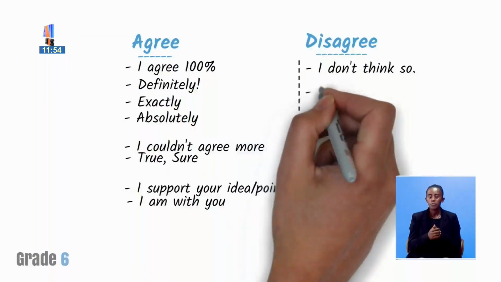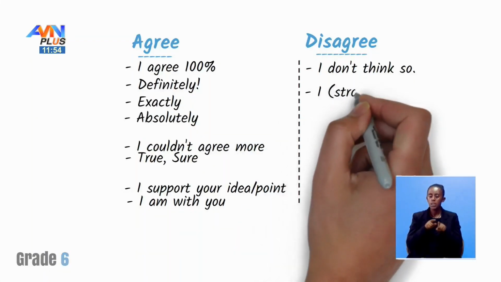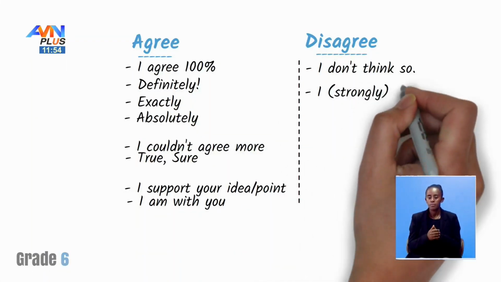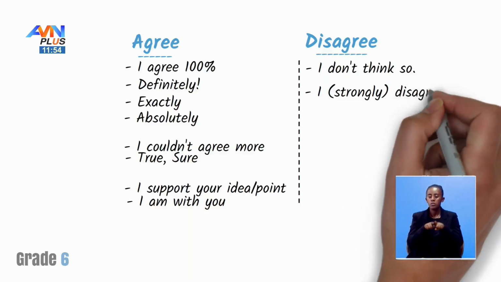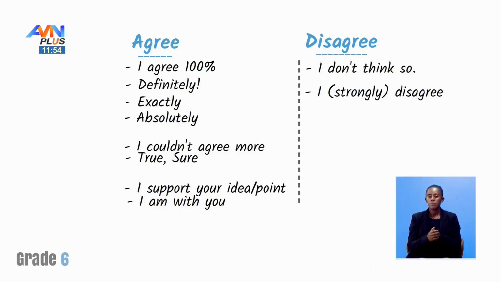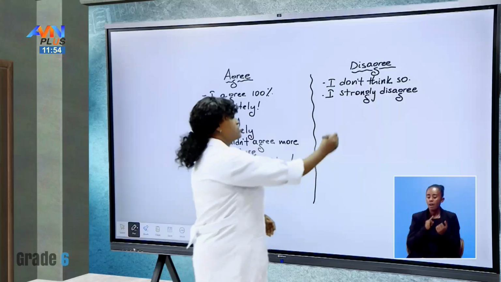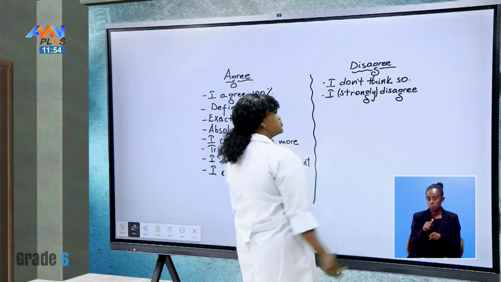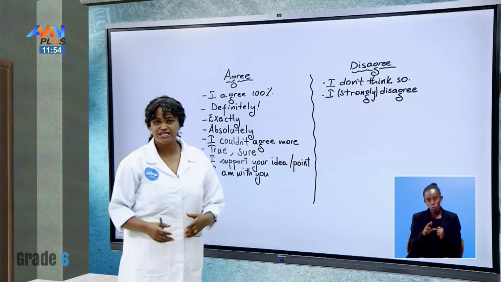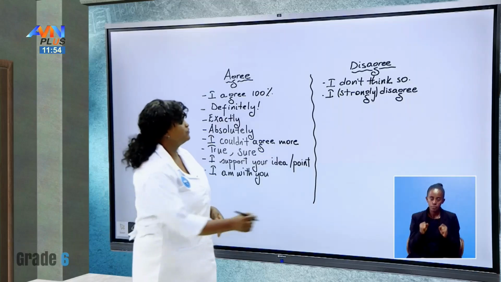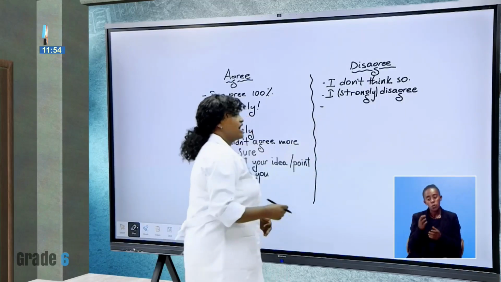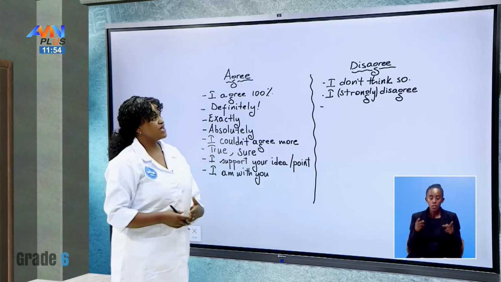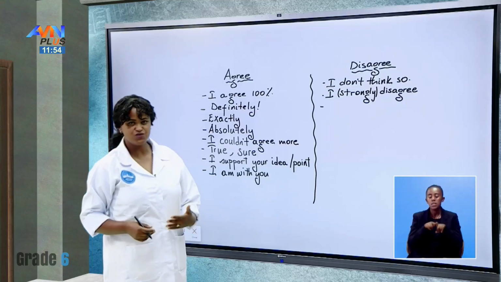Okay, so I don't think so is one, and the other one, yes? I strongly disagree. Or simply, I disagree, okay? It's okay to say I disagree or I strongly disagree, okay? Or the other way of expressing disagreement is what?